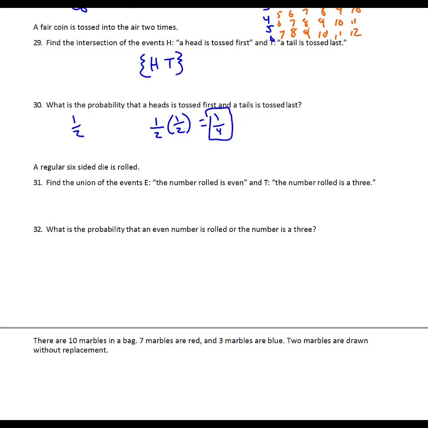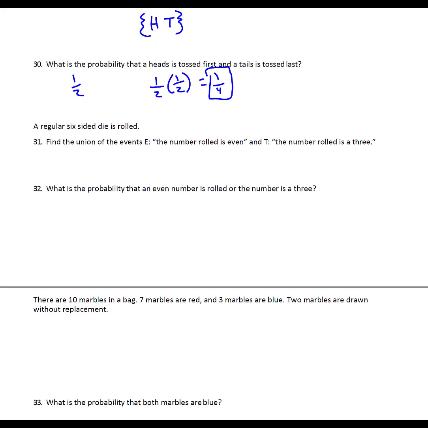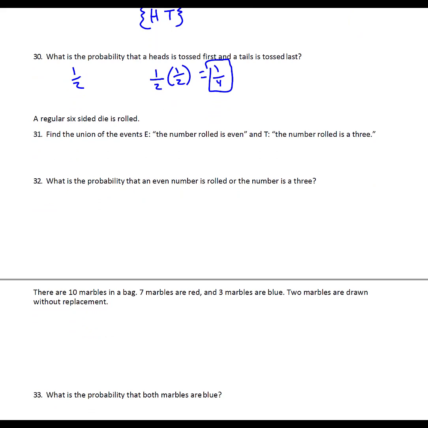Number 31, we have a 6-sided die that is rolled. Find the union of the events E, the number rolled is even, and T, the number rolled is 3. So for the union, the number rolled is even, so we want a 2, a 4, and a 6 on a 6-sided die.